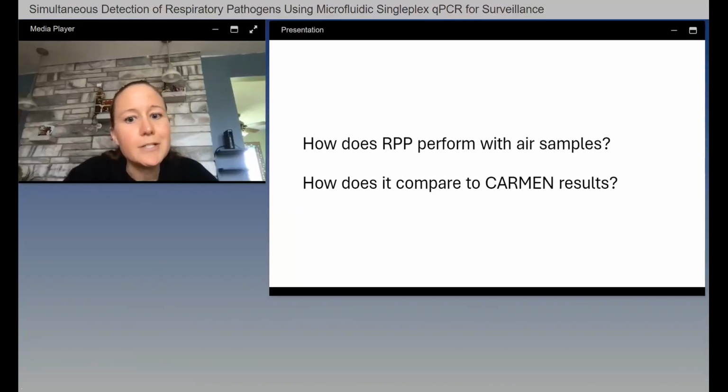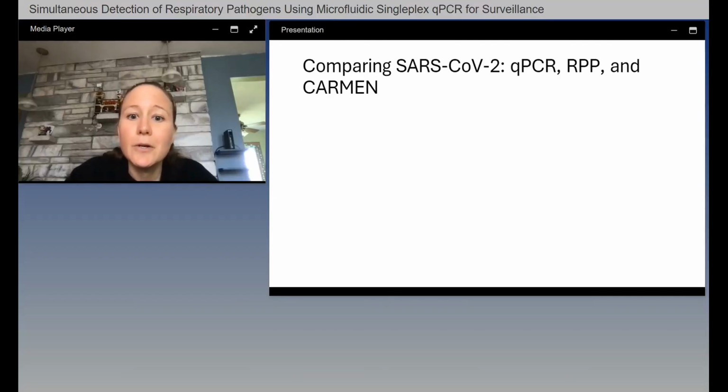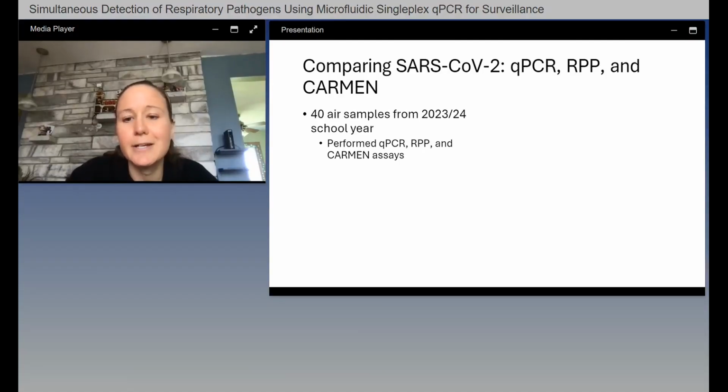So our first question was how the RPP assay performs with air samples, and how it compares to Carmen and quantitative PCR results. We have a common pathogen that we typically look at on these air samples, SARS-CoV-2, and that's present for all three of these assays.